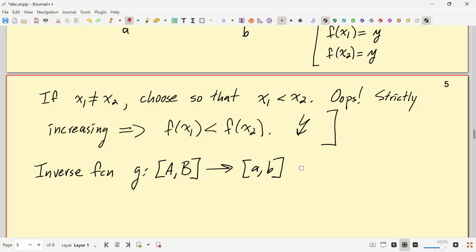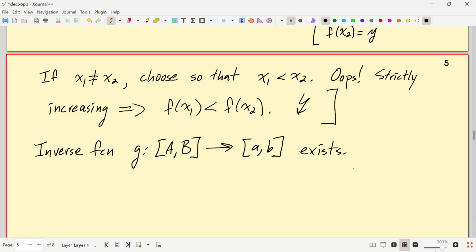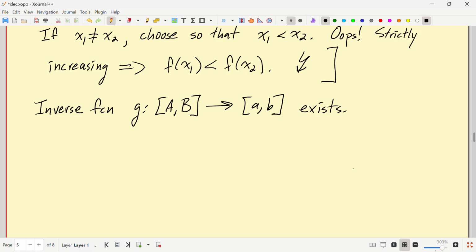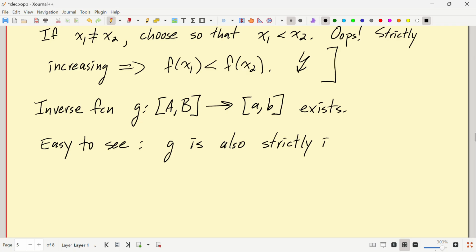And of course, it's one-to-one and onto too. Here are some easy things. g is also increasing, just from the definitions. It's easy to see. g is also strictly increasing, just from the definitions and turning it all backwards.